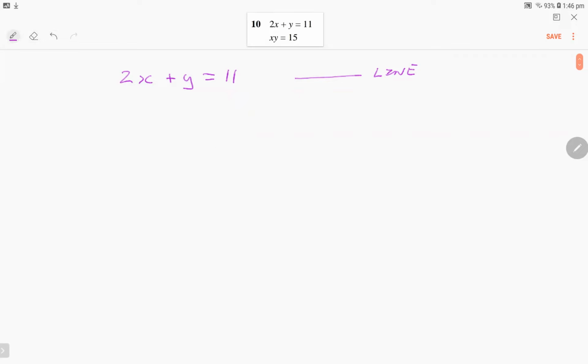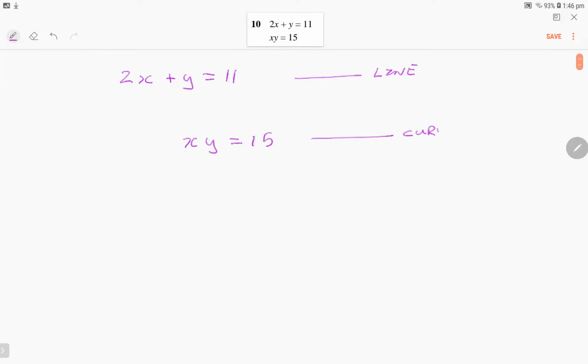So we have xy equals 15, and that is the curve.